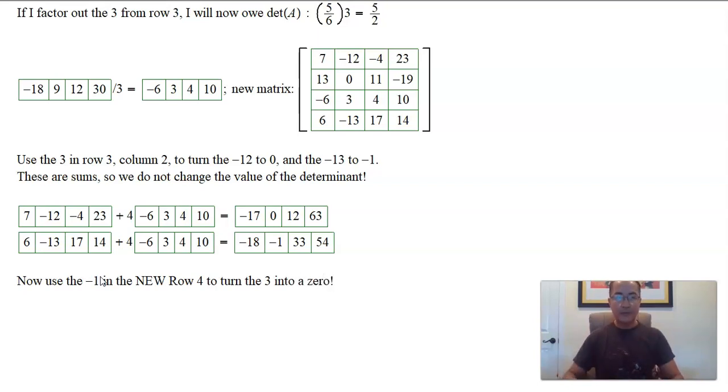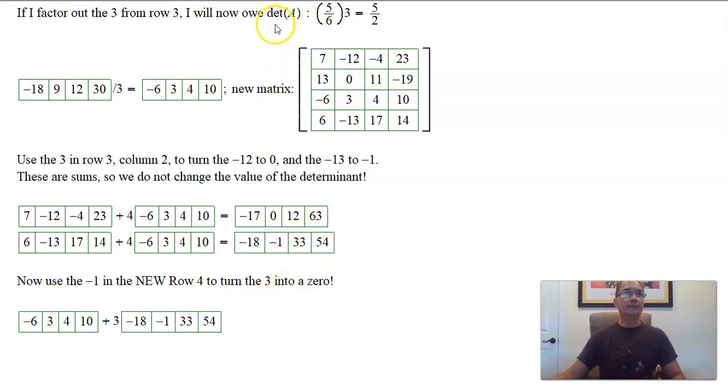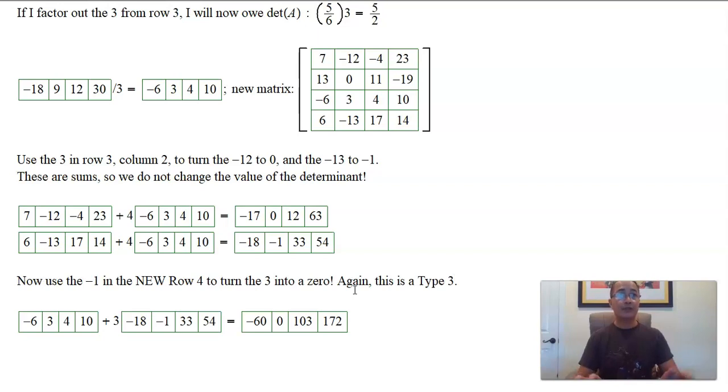Okay, so I'm trying to do as much as I can so that when we change the matrix, you'll have as many zeros as we want and a negative 1 in the 4th row. Okay, so now we have the 3rd row, which we haven't changed, and we will add 3 times the 4th row. Okay, so again, this is a type 3, so no change.